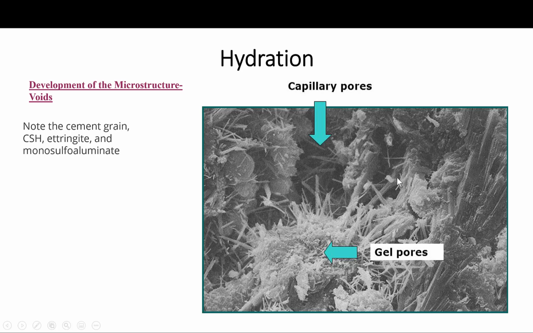And of course, in addition, there are other products like the ettringite needles, and you can see here the monosulfoaluminate. This one is not clear what it is, but maybe a calcium hydroxide grain. Nonetheless, on this micrograph it shows the capillary pores and the gel pores.